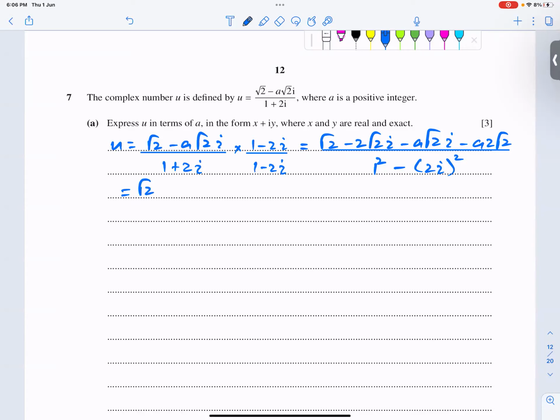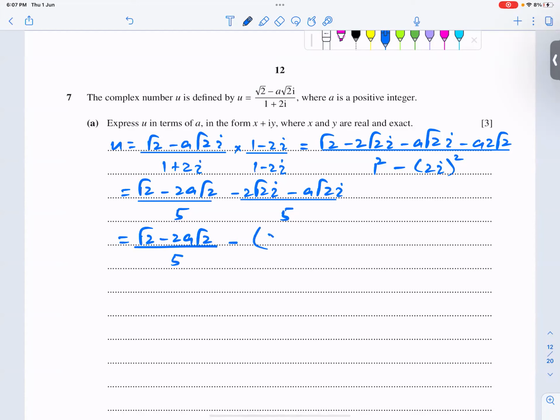So we can write it as square root 2 minus 2a square root 2 divided by 5, minus common 2 square root 2 plus a square root 2, and i will be common on the right hand side.